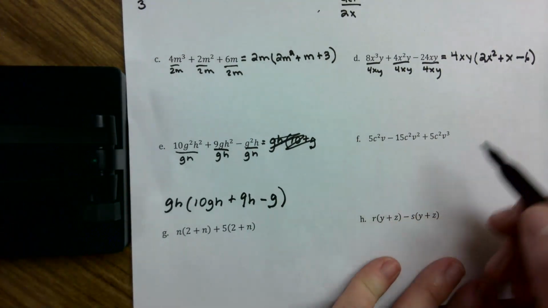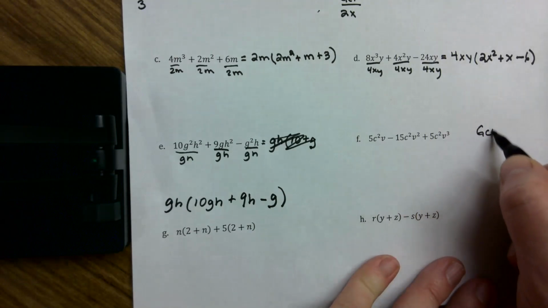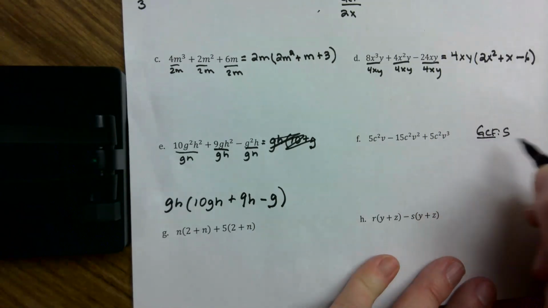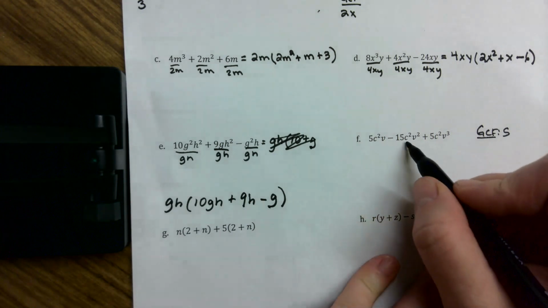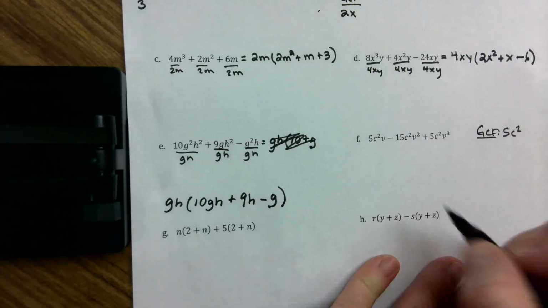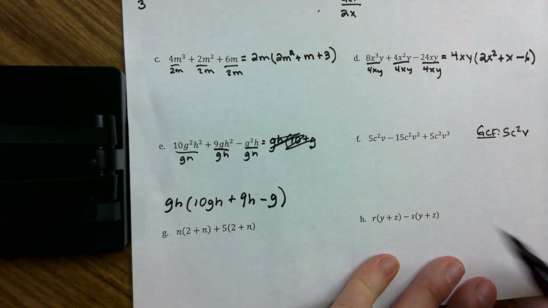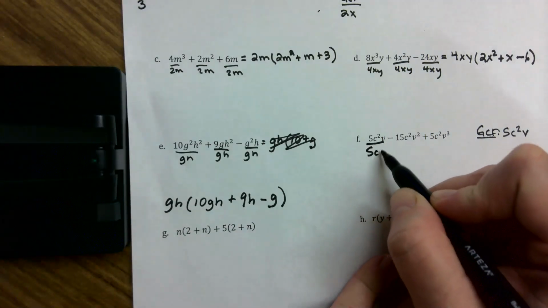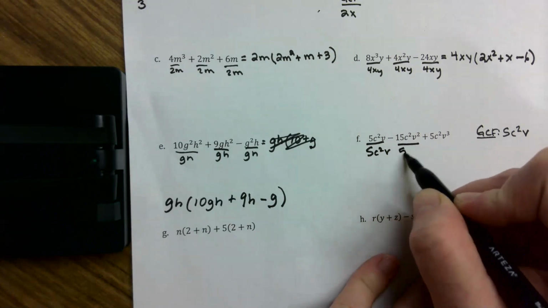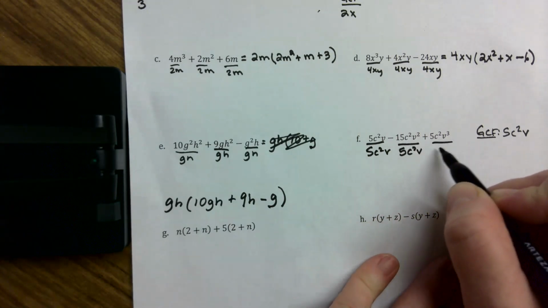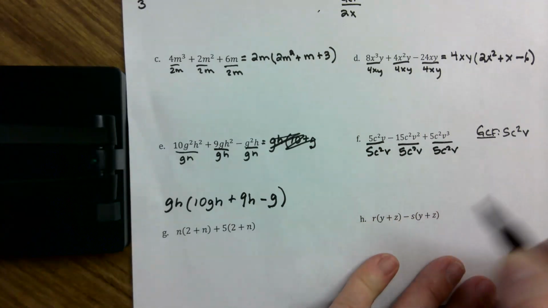Here, there's a 5. GCF is 5. C squared, c squared, c squared. They all have c squared. V, v squared, v cubed. They all have a v. So divide by 5c squared v.